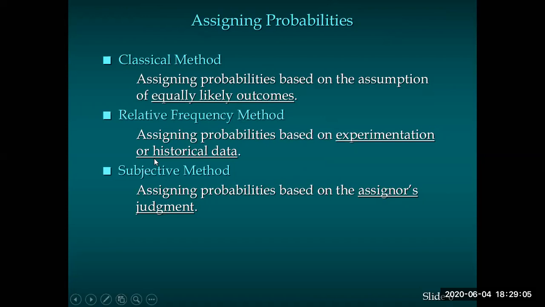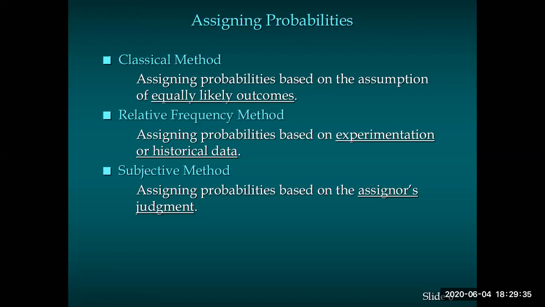Then came the relative frequency method with progress in our data collection and data storage methods, and especially the invention of computers, and now the large resource of data storage, where you can put your data on clouds or you can put it on your gadgets. So there's a lot of storage that you can have.